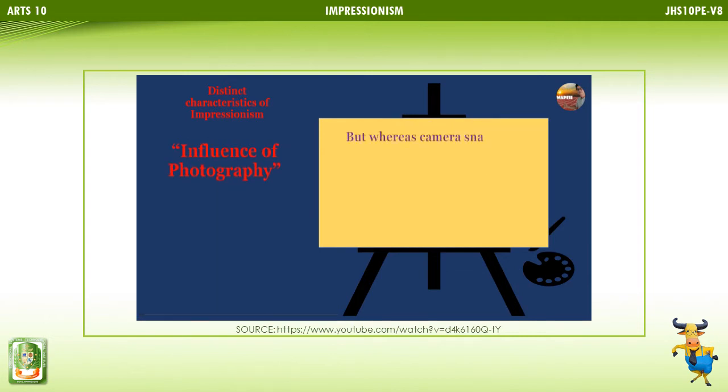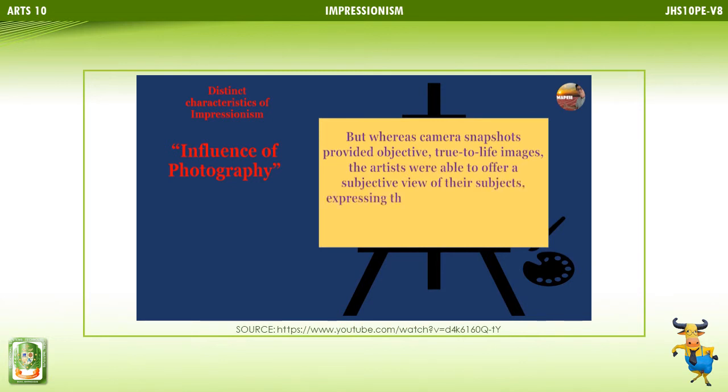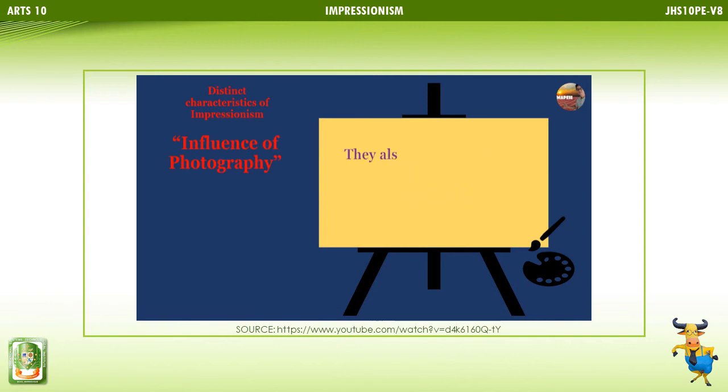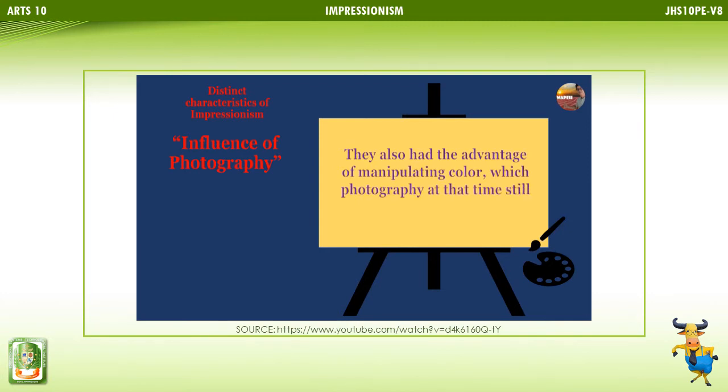But whereas camera snapshots provide objective, true-to-life images, the artists were able to offer a subjective view of their subjects, expressing their personal perceptions rather than creating exact representations. They also had the advantage of manipulating color, which photography at that time still lacked.